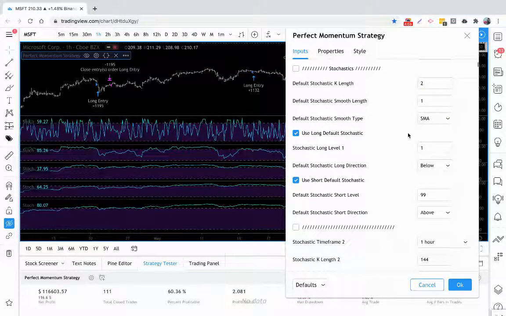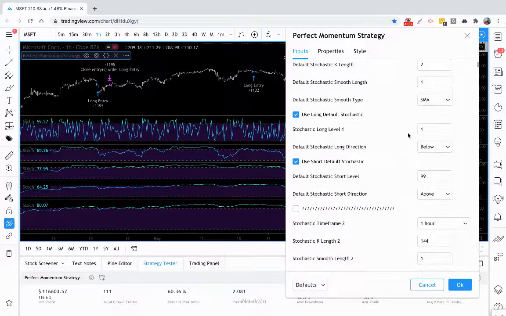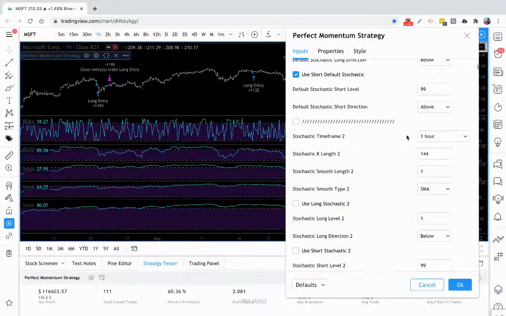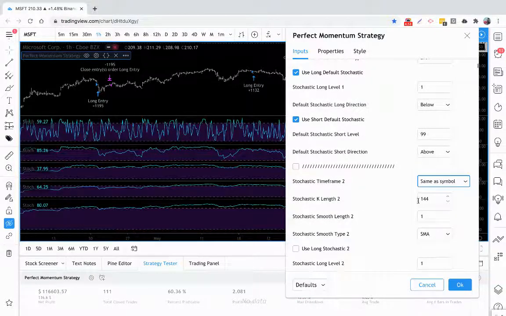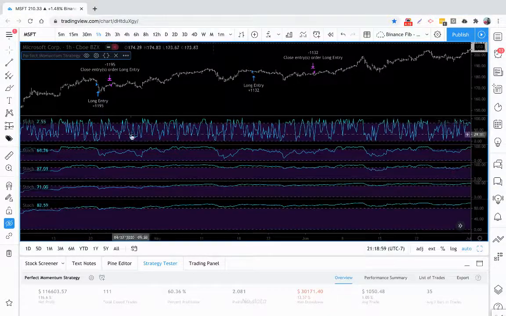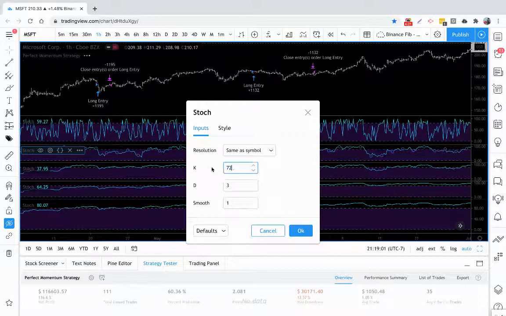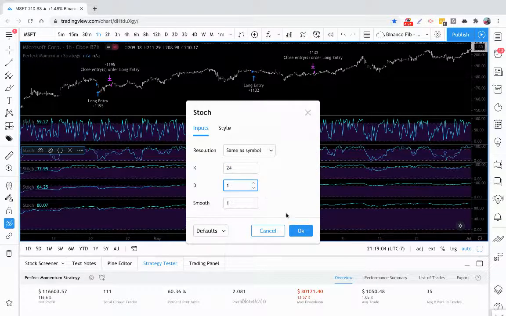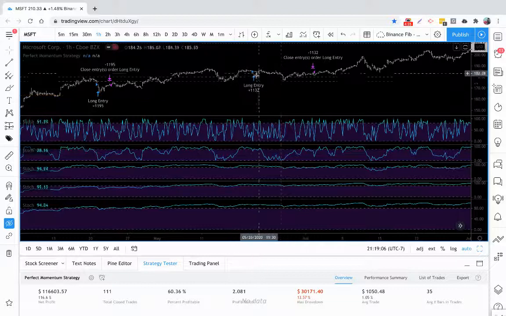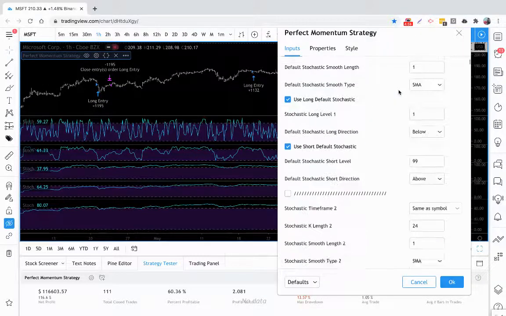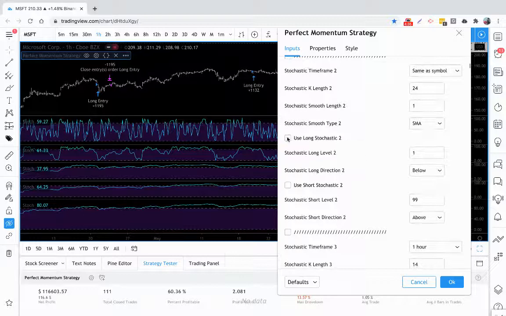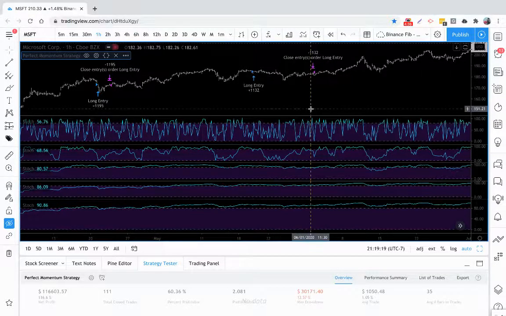Now, if you want to get a lot more advanced, let me show you the complexity and depth this can go into. Let's say you want to add a second stochastic to this, but you want this stochastic to look at a 24-hour period. So let's set this stochastic to 24 just to show you what's going on. Now you have this stochastic looking for any time it goes underneath 1, and a second stochastic, which is also looking for any time it goes under 1.